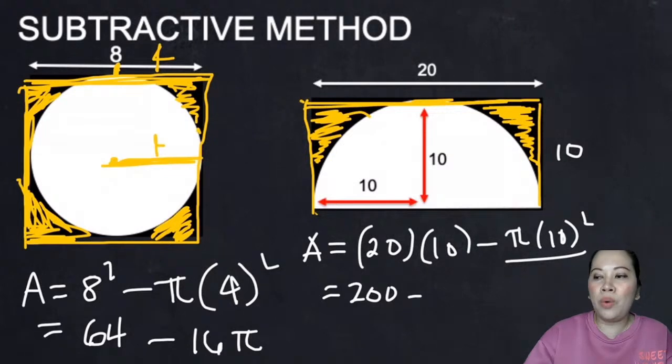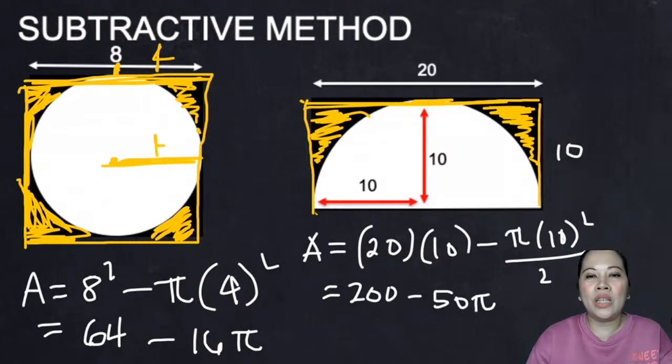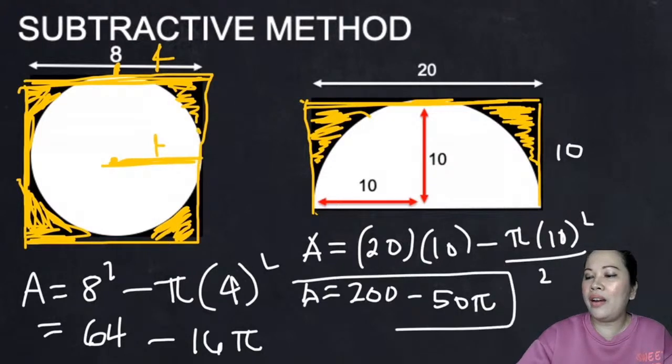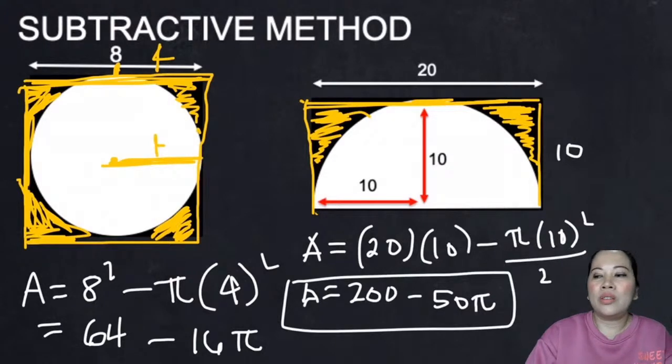So 100 pi divided by 2 will be 50 pi. That will be the area of the part shaded with yellow, not the unshaded part.